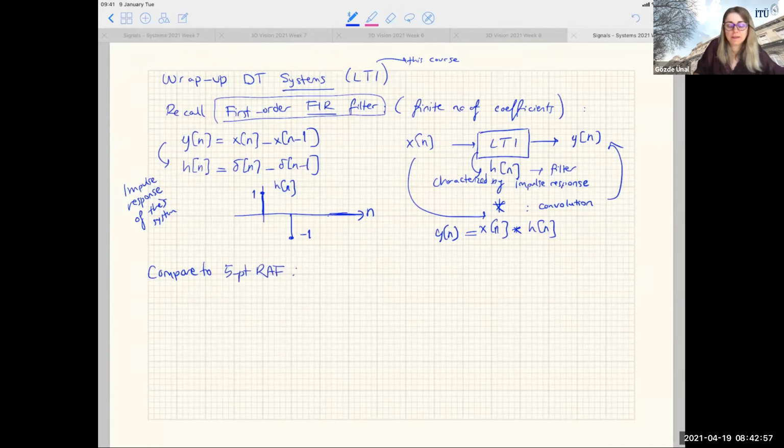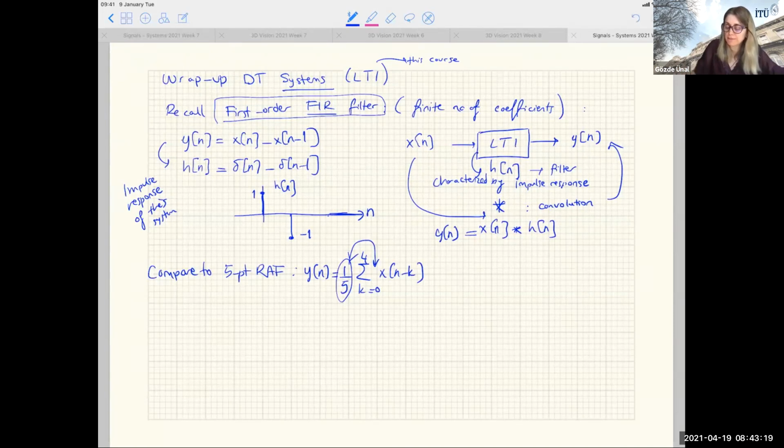The IO relation is 1/5, summed over k equals 0 to 4, where 1/5 is the filter coefficient, times x of n minus k.